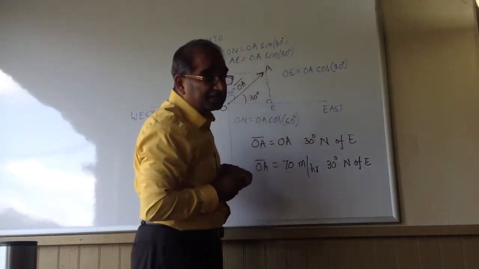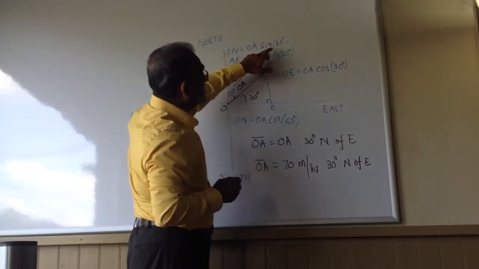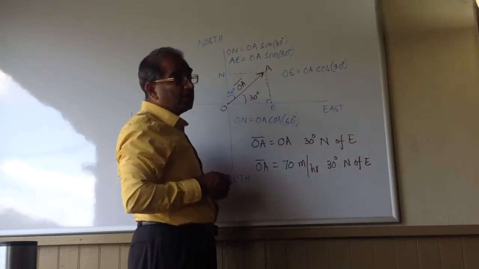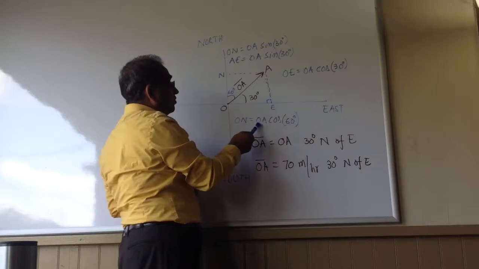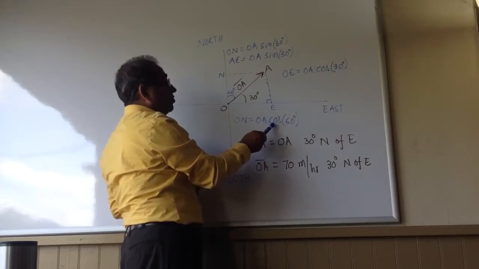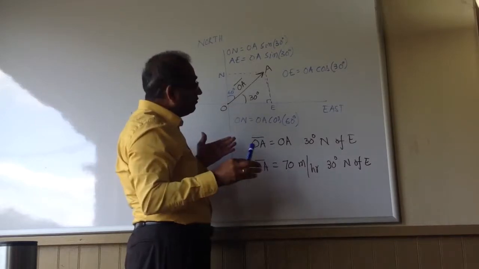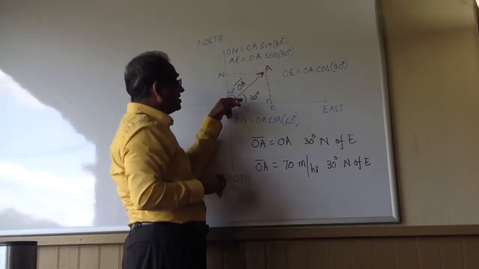Didn't the value change now from ON equals OA sine 30 to ON equals OA cosine 60? Now, this OA and OA are the same. Cosine 60 is exactly equal to sine 30. Therefore, I can take this angle or this angle.